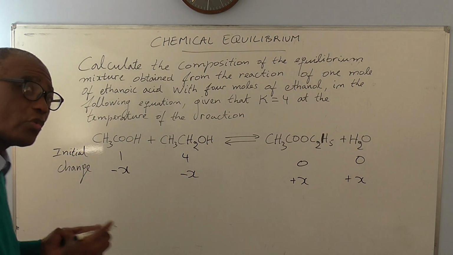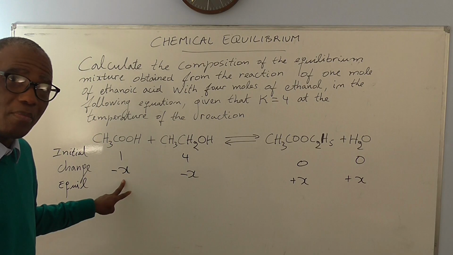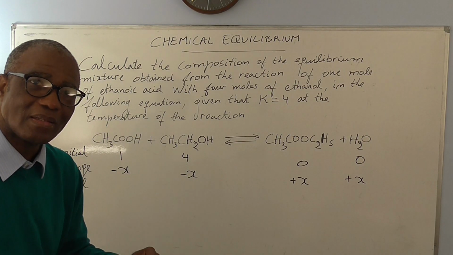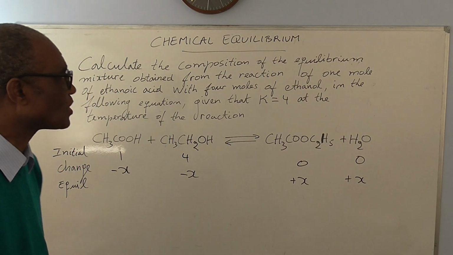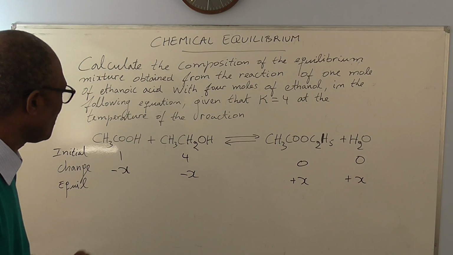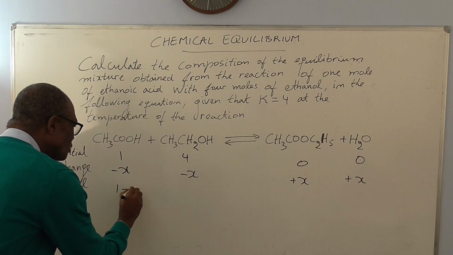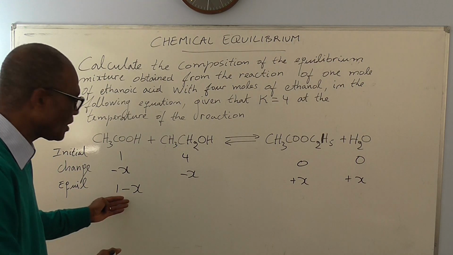Now, at equilibrium, what quantity of ethanoic acid are we going to find in the vessel of the reaction? At equilibrium, we are going to have 1 minus X is the quantity left in the vessel.